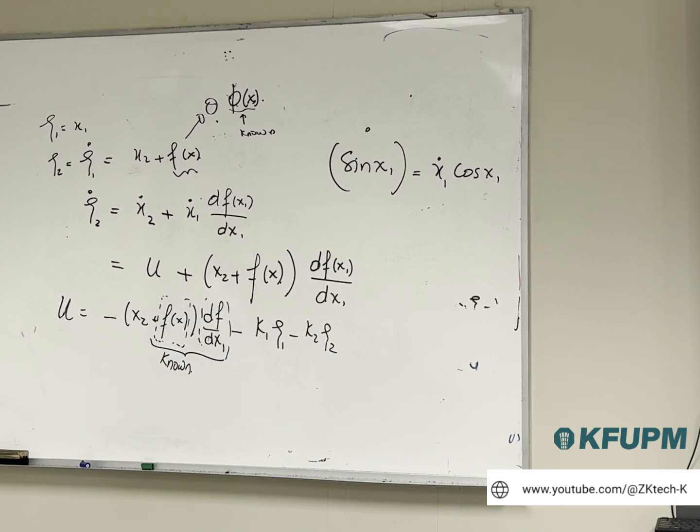Is there a specific way we choose our phi? Because you mentioned that f of x we assume we don't know, then we assume that it is equal to phi of x, which is known, multiplied by a new parameter theta. So is there a way we choose our phi? If you use a neural network, phi of x would be all the activation functions in the neural network.